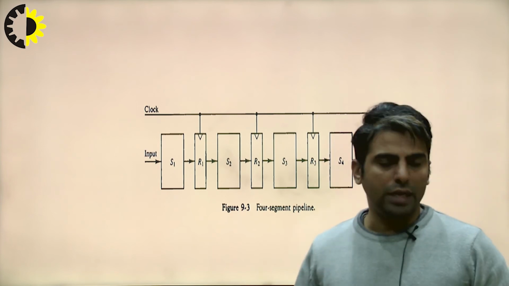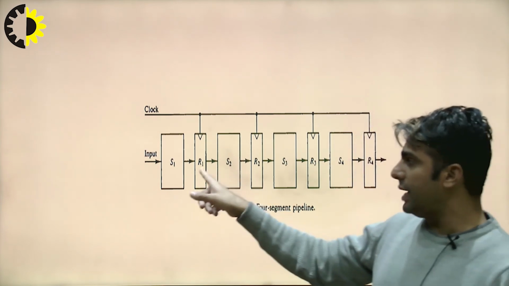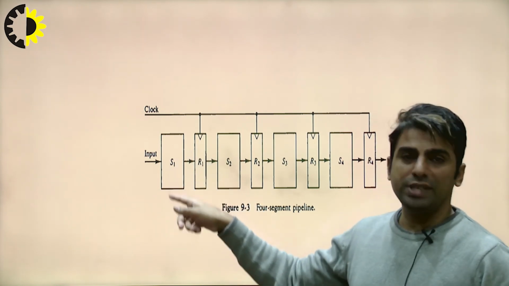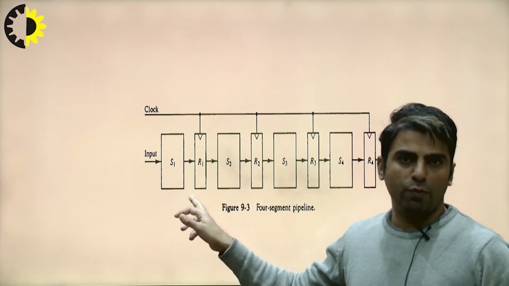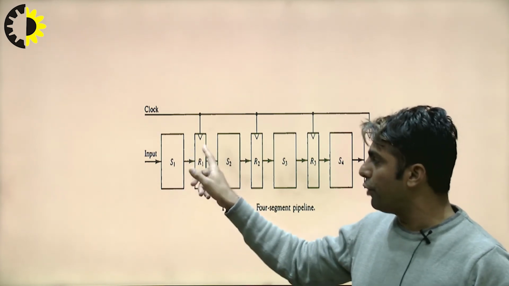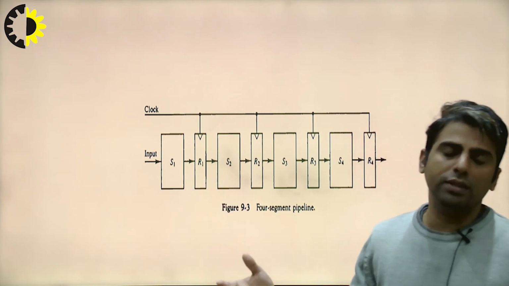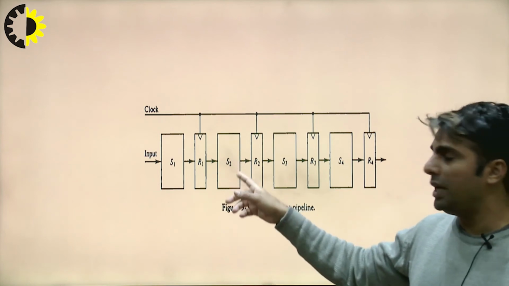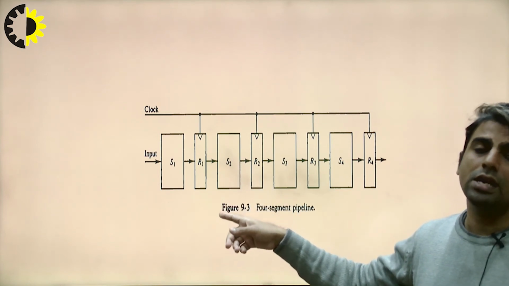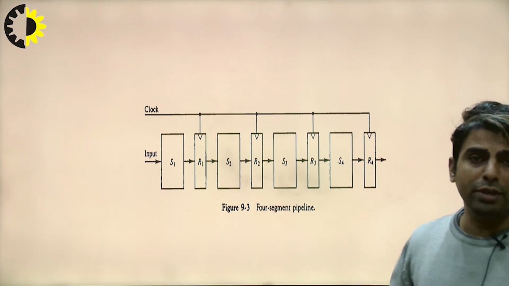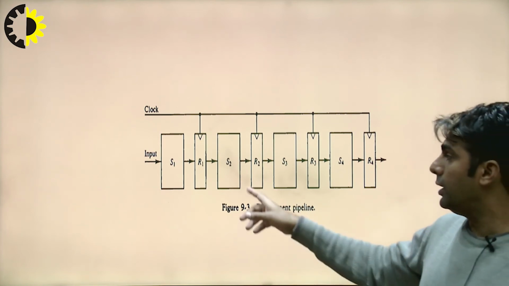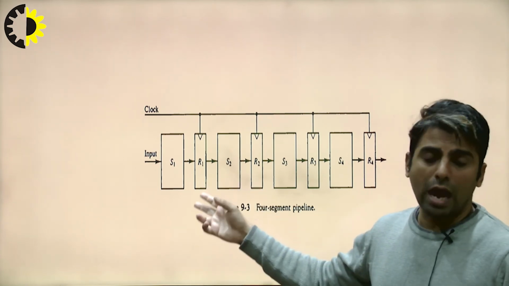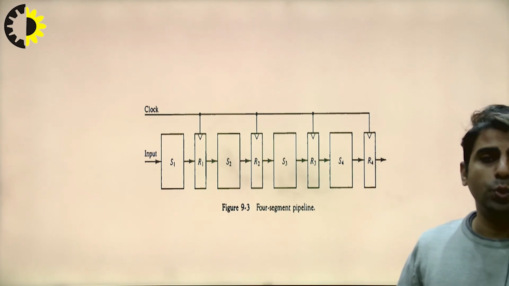So what we should understand from here, this S1 is a segment which is some part of hardware, and it is producing some output which is being stored in R1. The results produced by segment S1 are stored in R1, and from R1 those results act as an input for segment 2. Similarly, segment 2 processes the input received from R1, and the results are stored in R2.